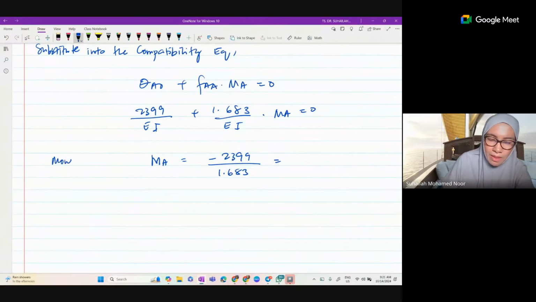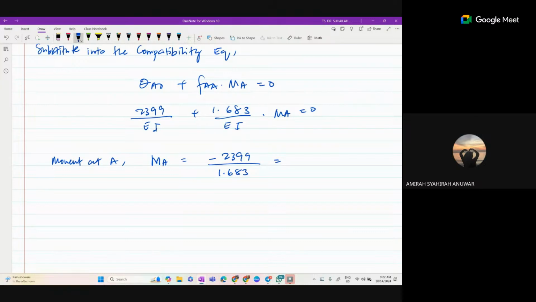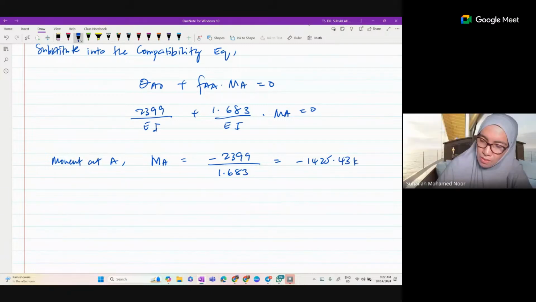So ni moment at A. MA is equal to, okay, please calculate negative 2399 divided by 1.683. Negative 1425.43 kilo Newton meter.